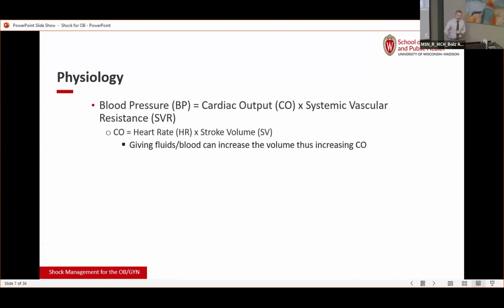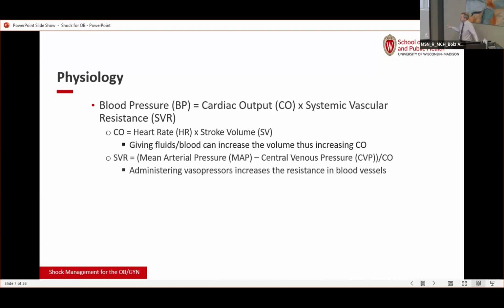And the equation for cardiac output is heart rate times stroke volume. So how much volume we're getting through by how fast the heart can pump it out. Okay. So when you give somebody fluids, which is something that we commonly do, the idea is that you're going to increase their cardiac output. Okay.